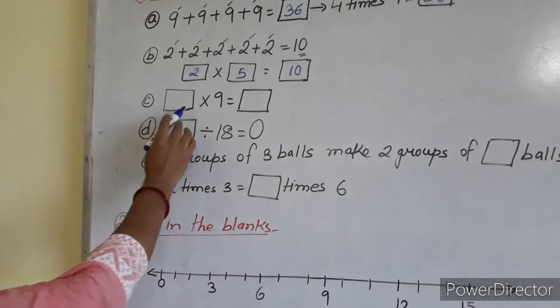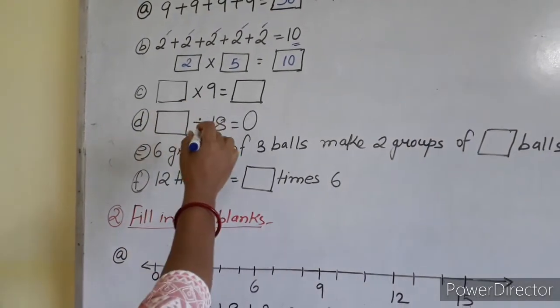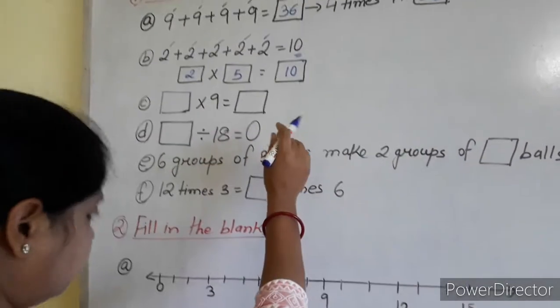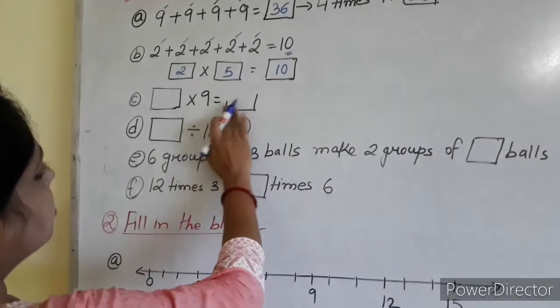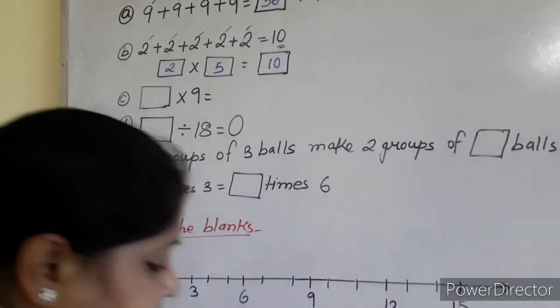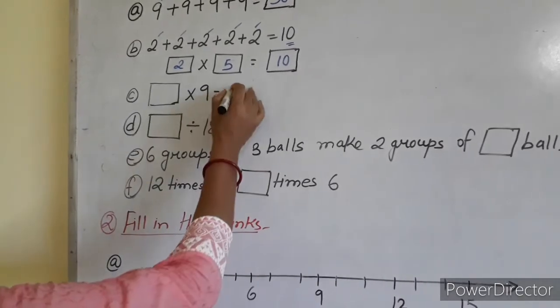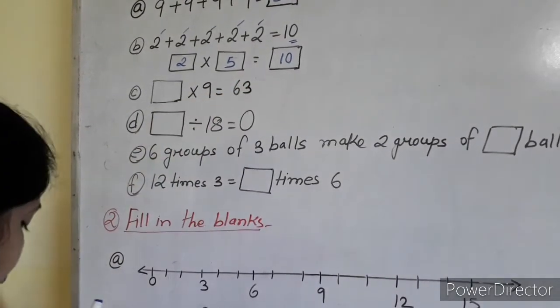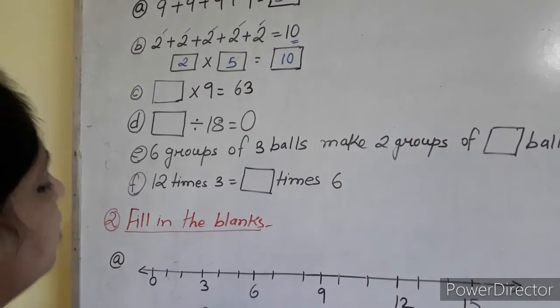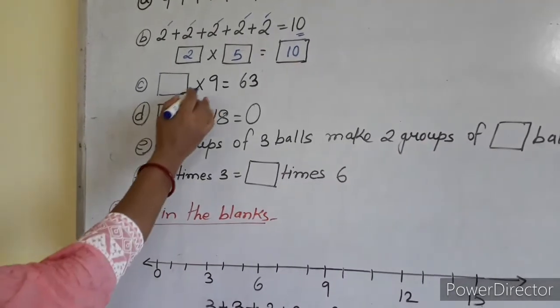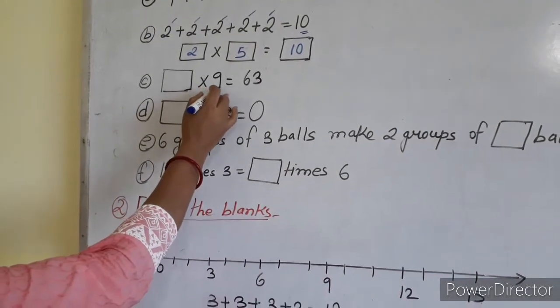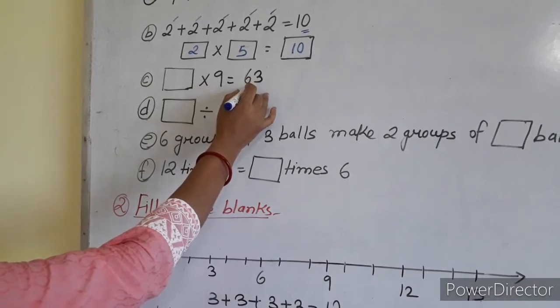Then, dash into 9, the answer is 63. So what number can you write here? What number can you multiply with 9 so that you get the number 63?